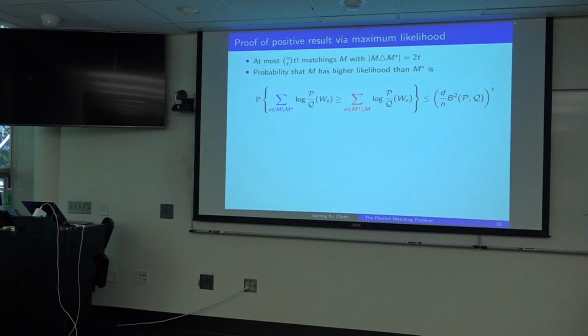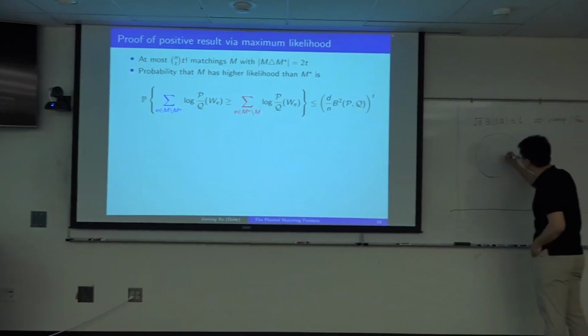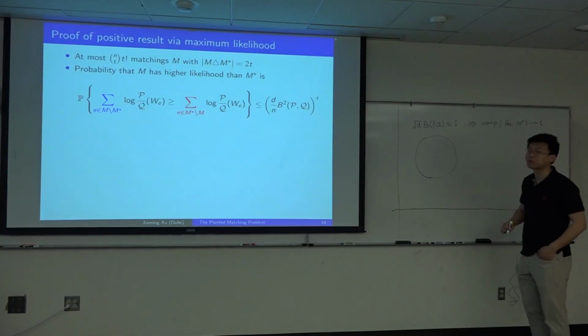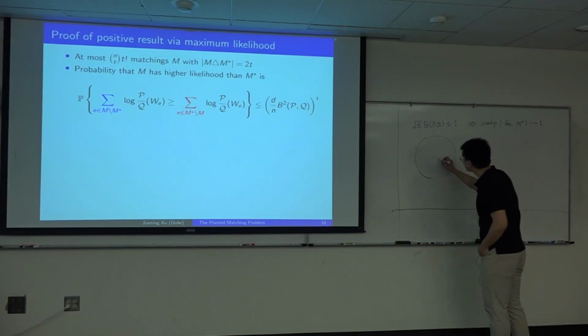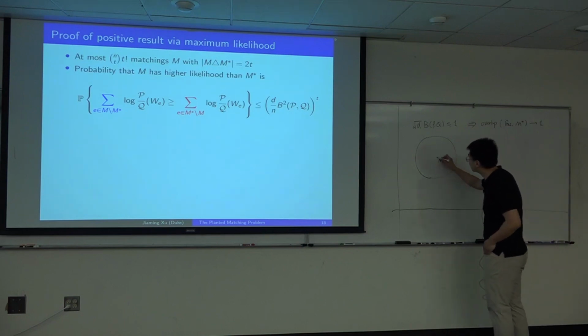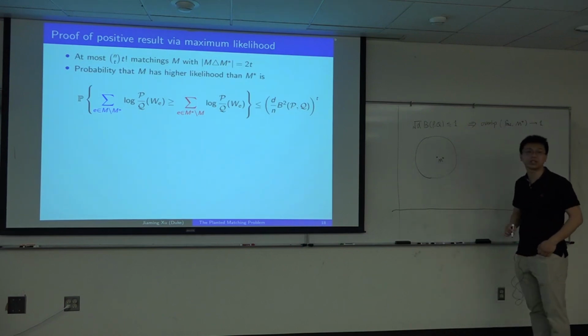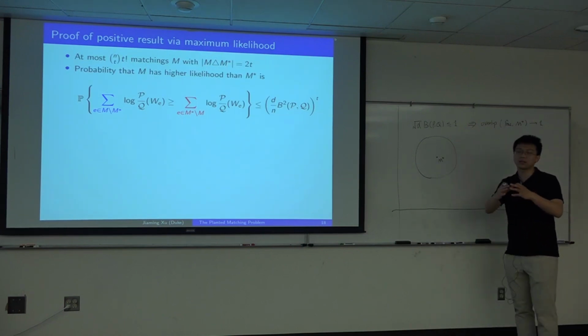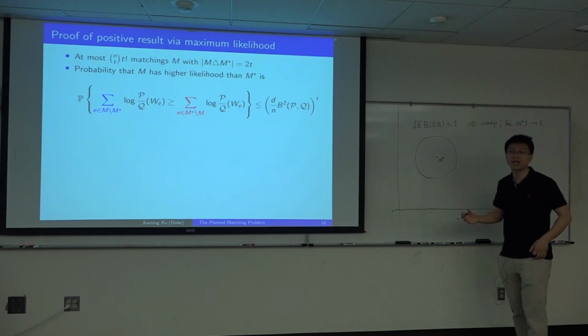The idea is the following. Maybe you are already familiar with this, but let me draw this picture to make sure you understand. You can draw a visualization, like M star. This is the true matching that you want to recover. You can think about the space of all possible matchings in terms of distance to this true matching.